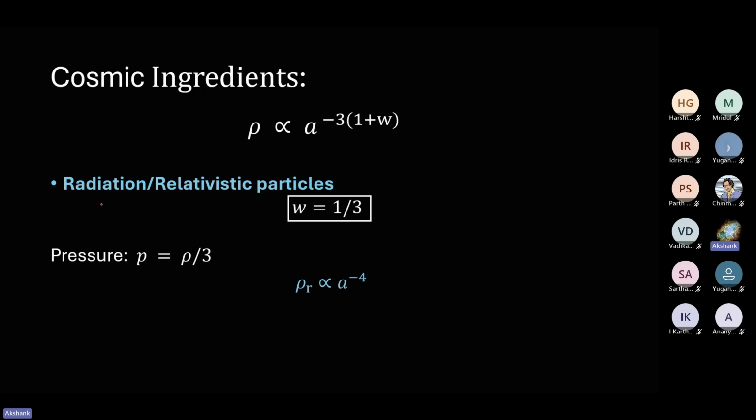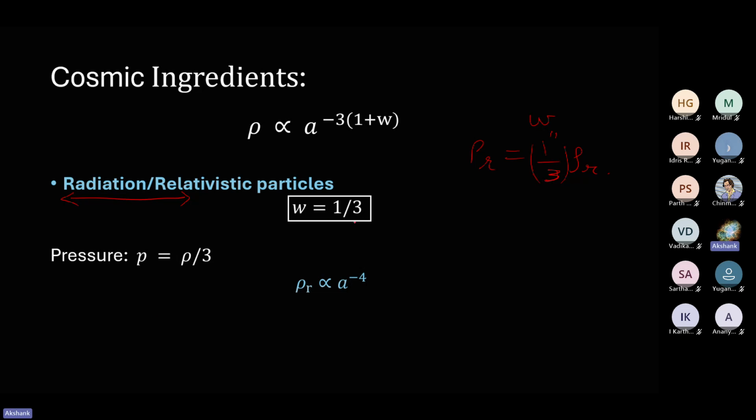Next, we move on to radiation. Now, some of you would have read that there is something known as radiation pressure, which is 1/3 of radiation density, and this is your equation of state. So your W equals 1/3.